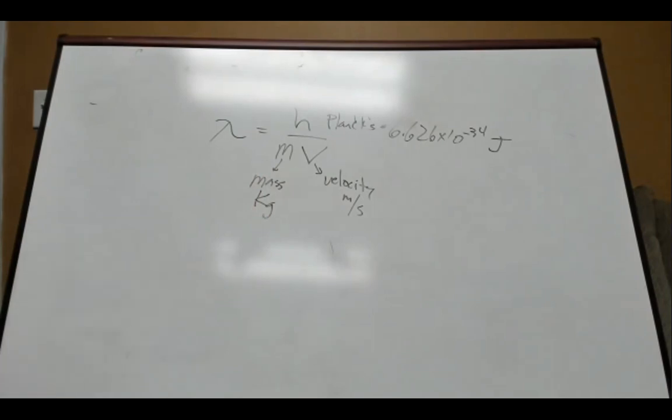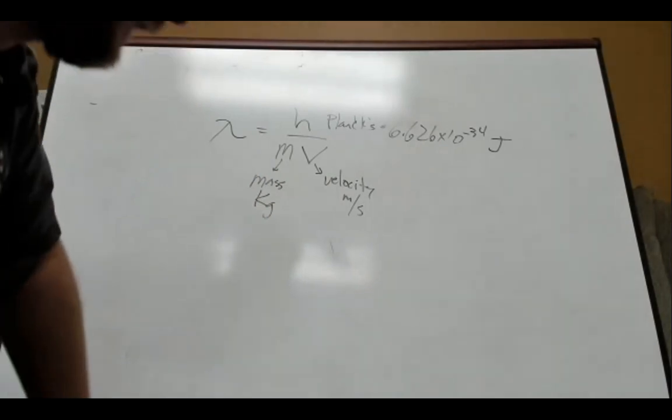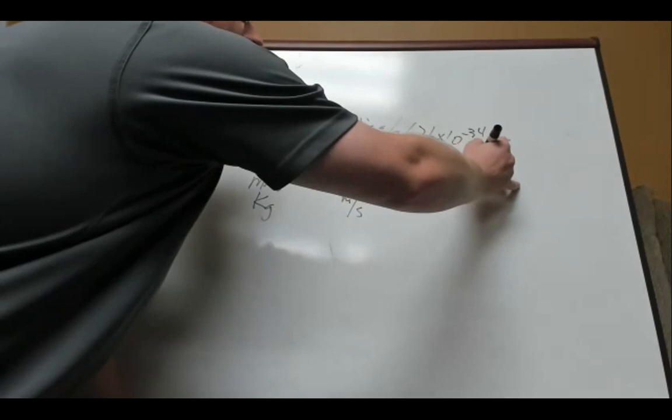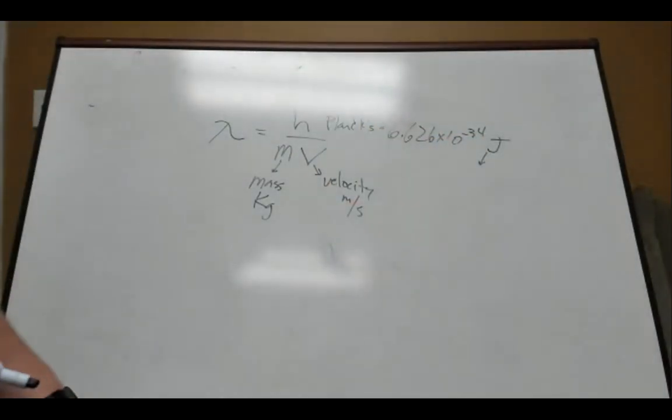Now you're looking at this equation and thinking, wait a minute, how in the world does this work? Planck's constant divided by mass times velocity, none of these things are going to cancel out. This is where we have to remember something from the previous chapter.